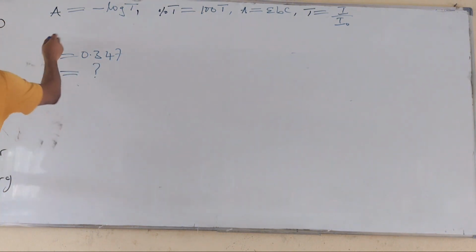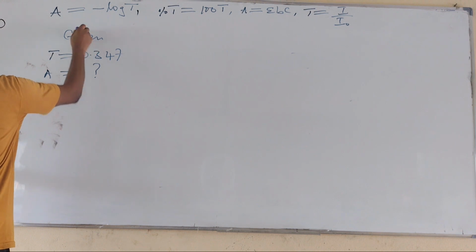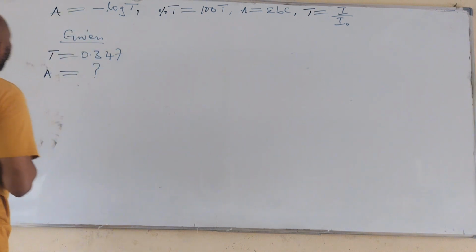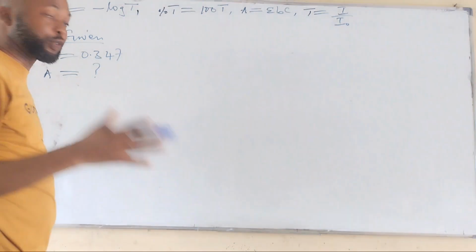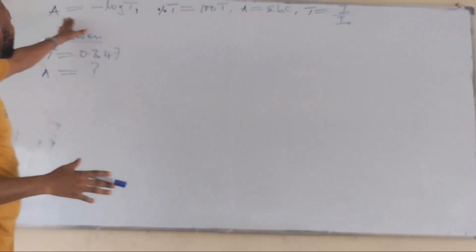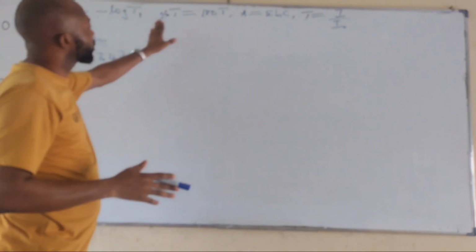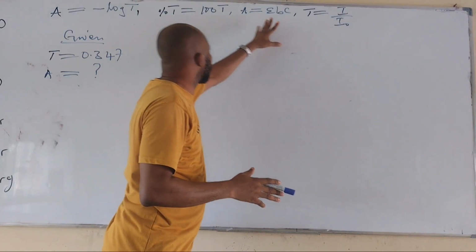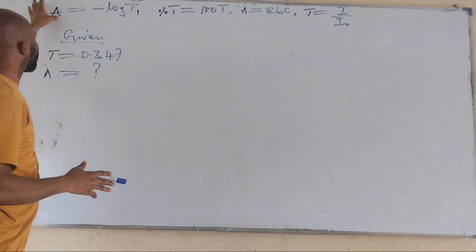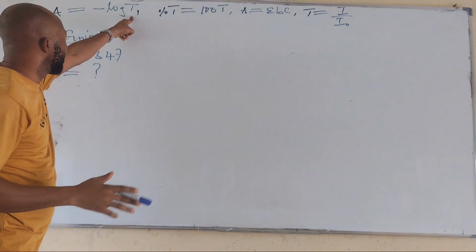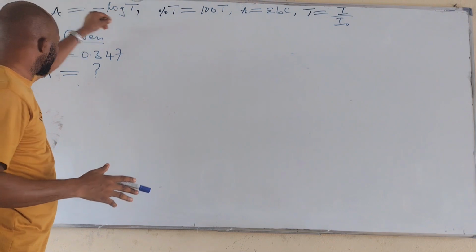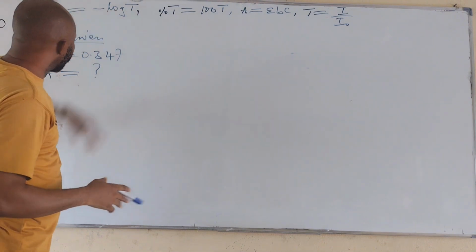This is given. So we are looking for absorbance. Then we have to look at the various formulas associated with absorbance. Absorbance here is minus log T. We also have absorbance, which is epsilon bc. In these two formulas, you realize that this is the only one we can make use of because we have our T here. So if we substitute this variable inside of here, we get what we want.